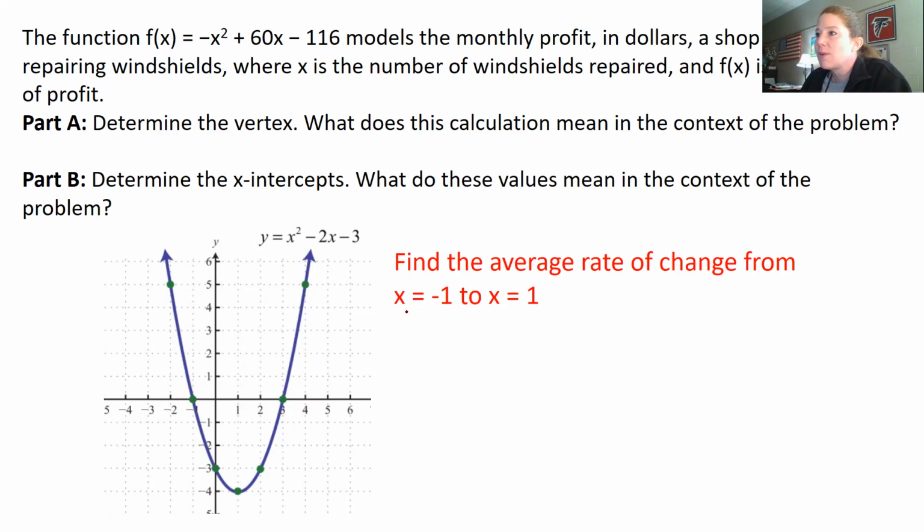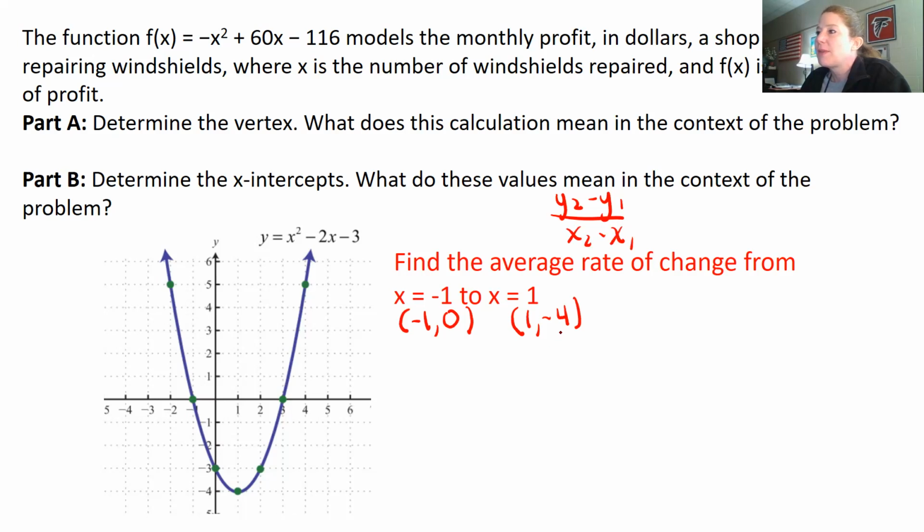So at -1, let's write our coordinates. At -1, our y value is 0. And then at +1, our y value is -4. You guys remember how to find rate of change, y2 minus y1 over x2 minus x1?